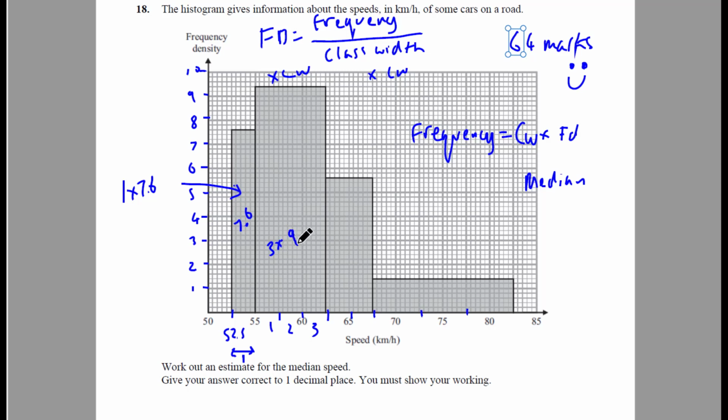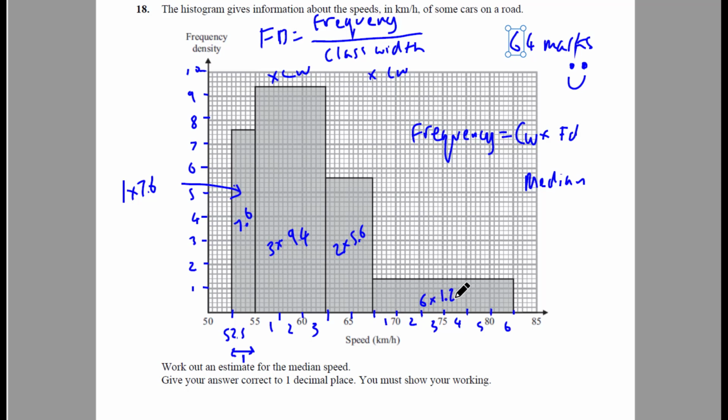9.4. This is going to be 2 times 5.6. That's 1, 2, 3, 4, 5 and 6. That's 6 times 1.2.